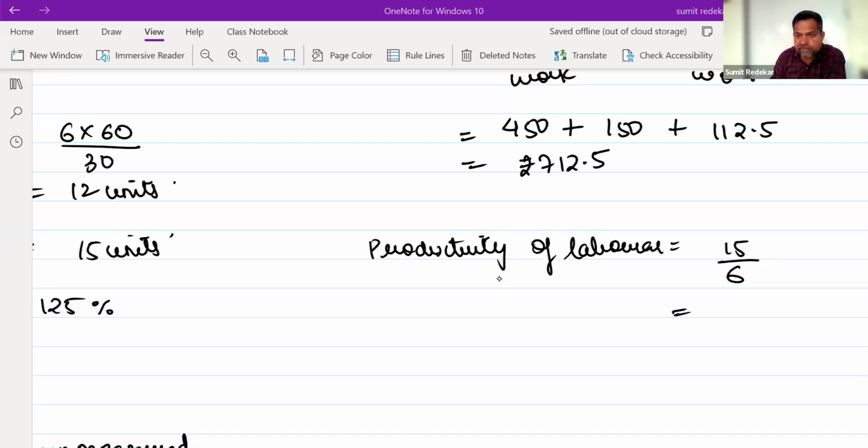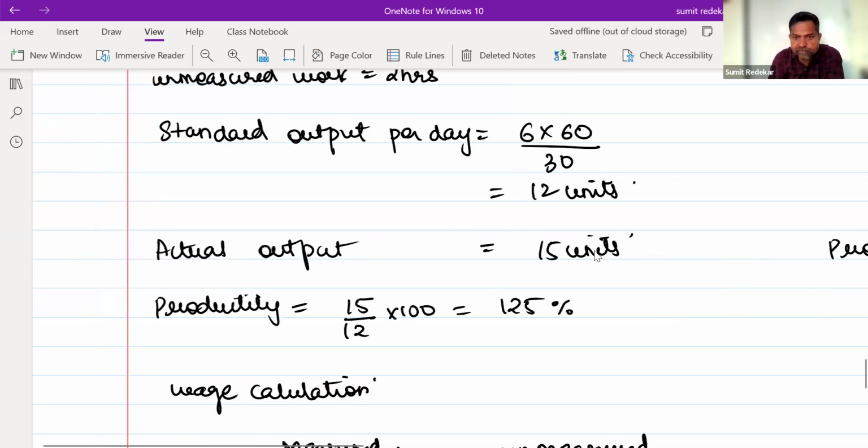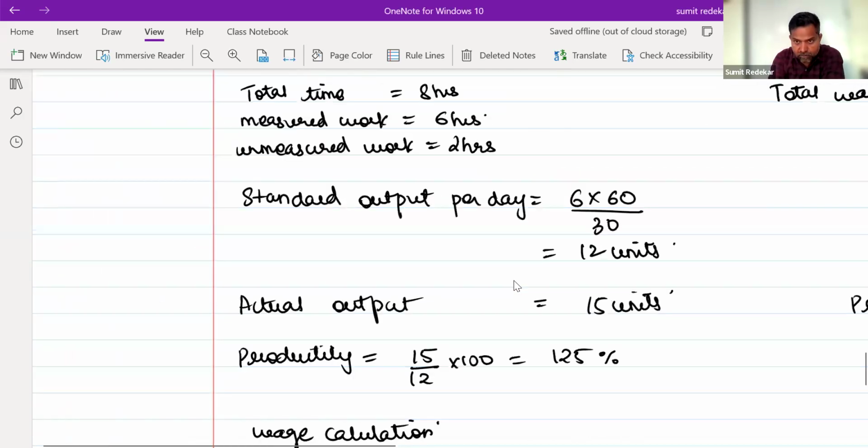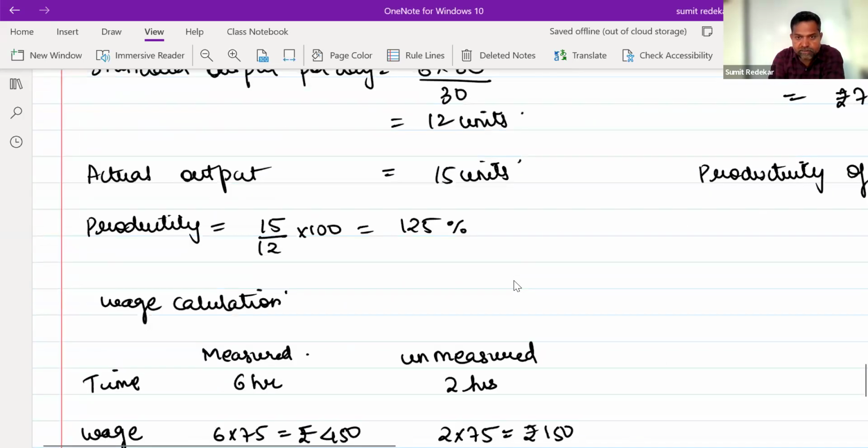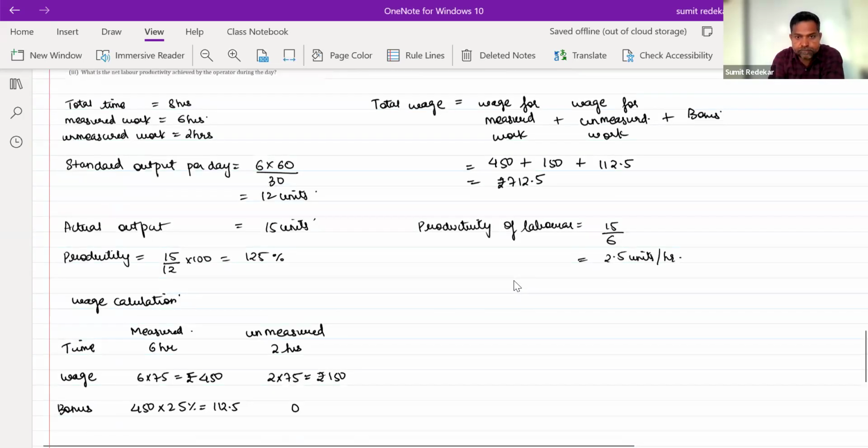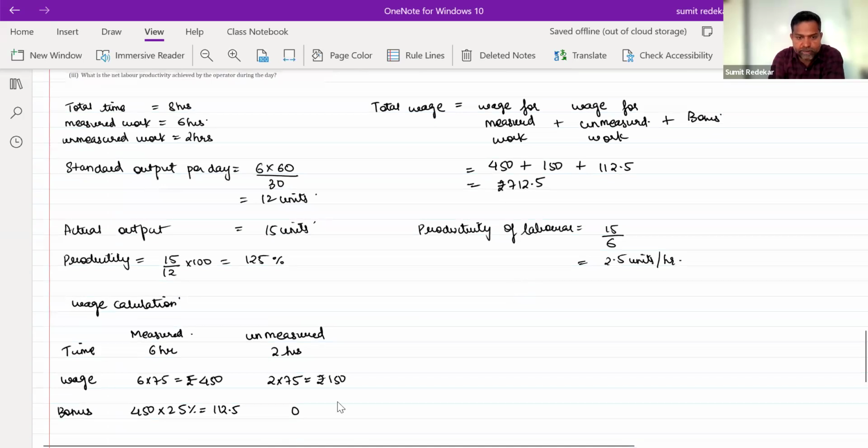Fifteen divided by 6, which is 2.5 units per hour, correct? That is going to be your answer. Write that down quickly.